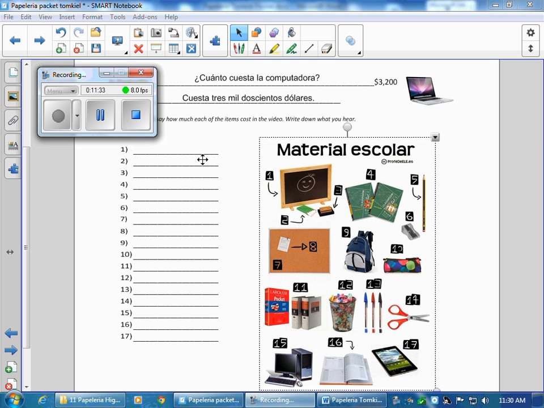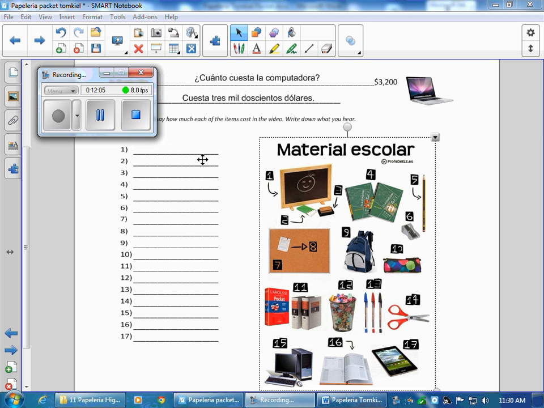Número 7. Cuesta 27.99. Número 8. Cuesta $2 con 75 centavos. Número 9. Cuesta $59 con 65 centavos.